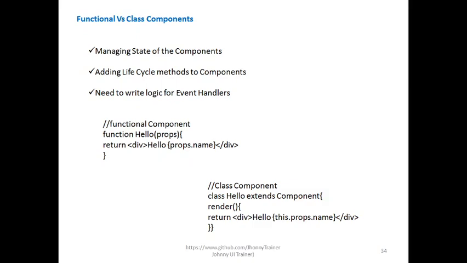Now let us differentiate between the function component. This is how we write it, as we have discussed, whereas for the class component we can write like this. By now you will understand the difference between function and class component. In further sessions we will cover more examples also.